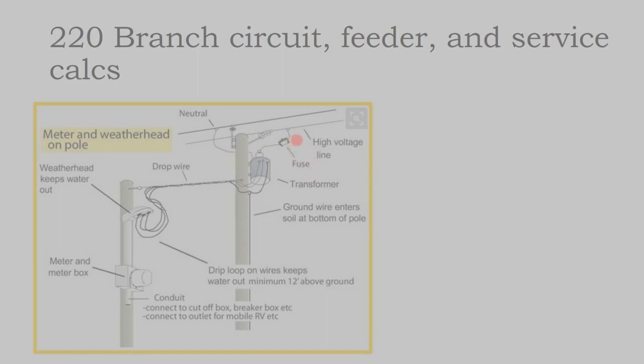Often when the utility wants to simulate a power outage on site, they're going to come in with a pole and poke this fuse up so that the transformer loses power, and they'll sense a power outage and see that the solar array turns off. This weatherhead is to keep rain out of this service box. This drip loop here will prevent rainwater from getting into the meter in the meter box.